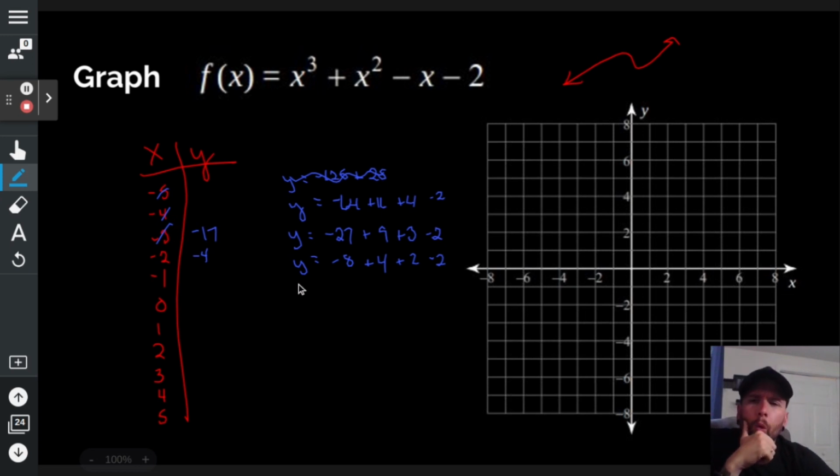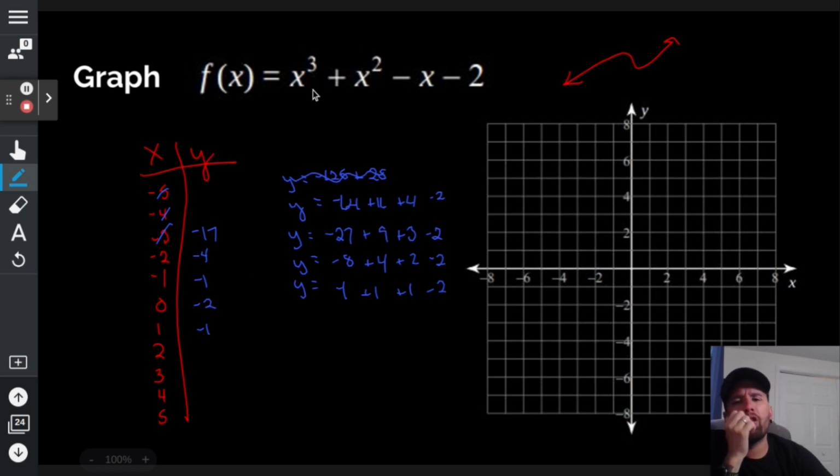If I plug in -1, I'm going to have -1 times itself is -1, plus 1, minus -1, which is plus 1, minus 2. So 2 minus 2 is 0, minus 1 is -1. If I plug in 0, everything else goes away and I get -2. If I plug in 1, I get 1 plus 1 minus 1 minus 2, which is -1 again.